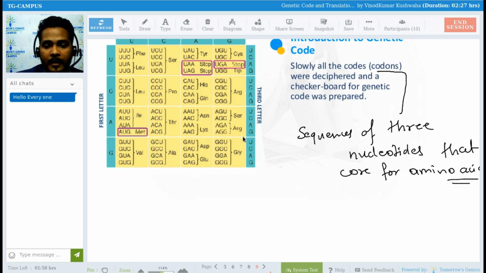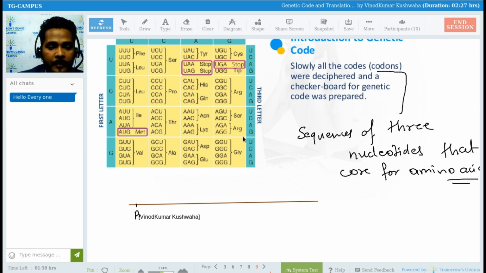On this mRNA strand there is a code like AUU, CAC, then GGA.